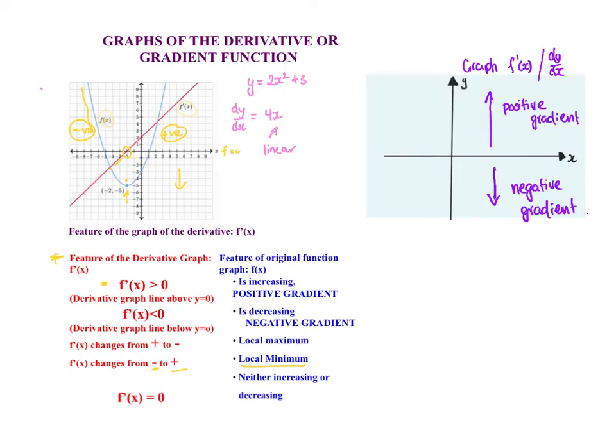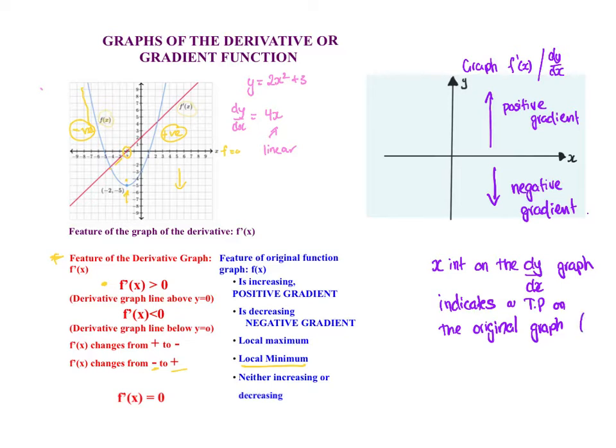All right, and we also notice that if we have a turning point, the x-intercept on the derivative graph indicates a turning point on the original graph, which would have been f of x.